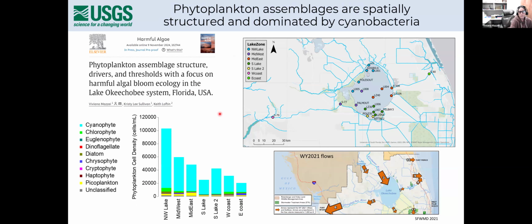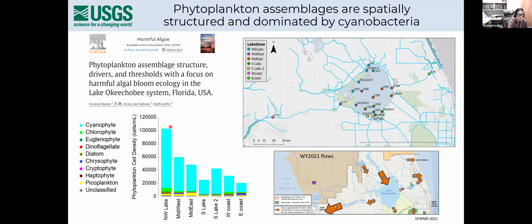And so what we found was that Lake Okeechobee phytoplankton assemblages are dominated by cyanobacteria, and they are strongly spatially structured. They form these 7 significantly distinct clusters or lake zones shown here on the map.